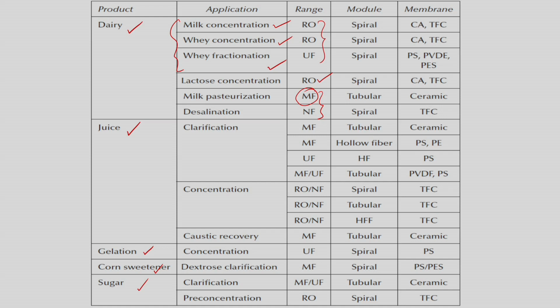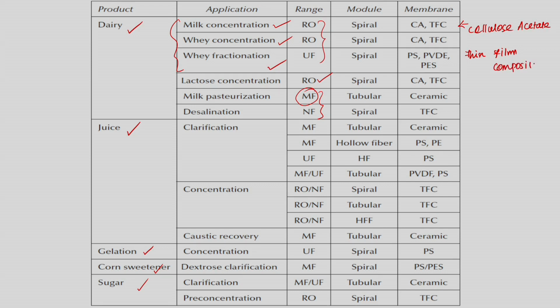And the membrane here: the cellulose acetate membrane. Which type of membrane do we use? Cellulose acetate membrane, right. And TFC is nothing but thin film composite. A lot of research is also going on into suitable membranes for the various applications, so composites are now picking up.